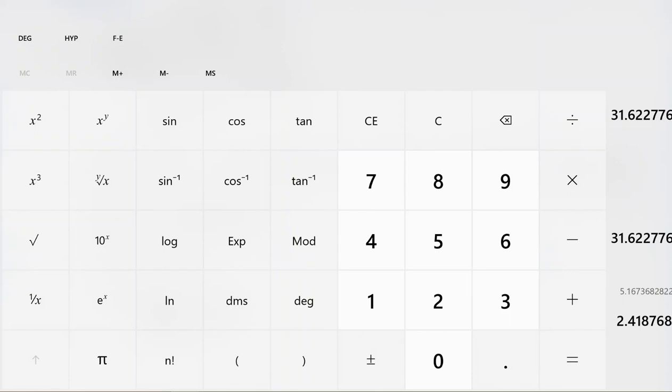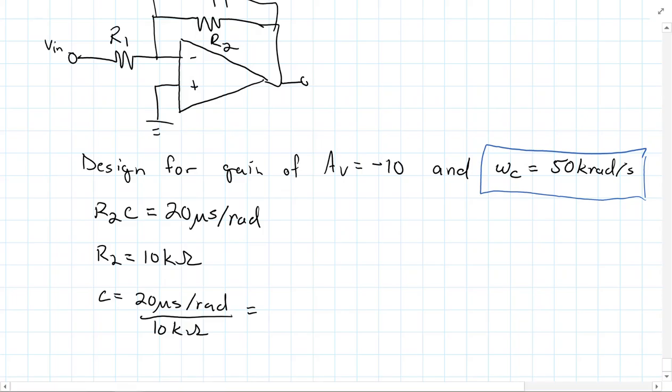And of course it's still not putting it in scientific notation for me for some reason. I get 2 nanofarads. And I should have seen that obviously just looking at this: 20 divided by 10 is 2.